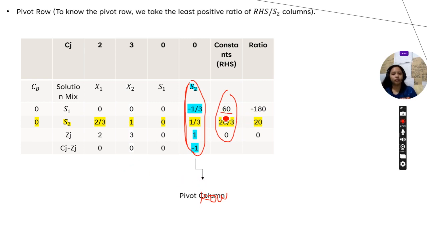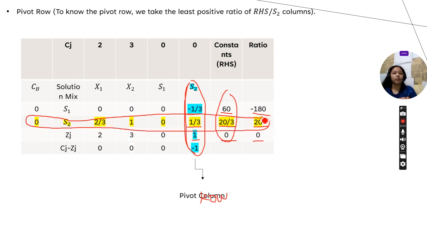So 60 divided by negative 1/3 is negative 180, then 20 over 3 divided by 1/3 is 20, and 0 divided by 1 is 0. So our pivot row now is this, because this is our least positive ratio.